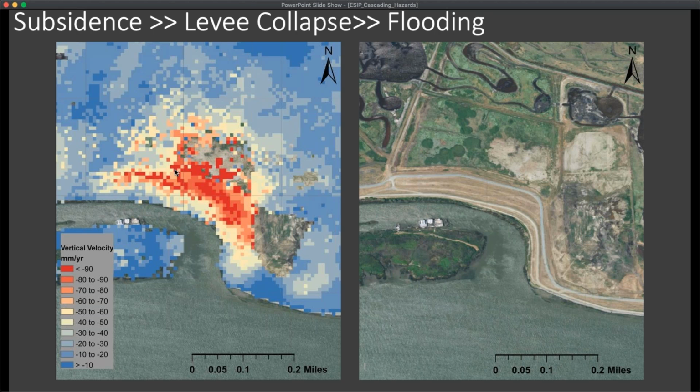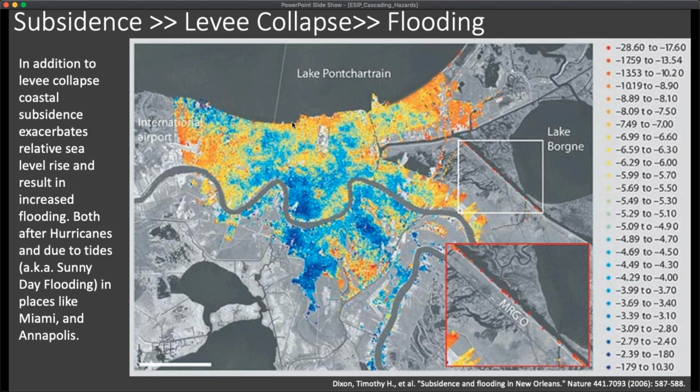In most of these cases, a failure of a levee basically results in major flooding. And one example of that essentially happened during Hurricane Katrina, which caused large flooding in New Orleans. This was one of the first times that I had looked into this study.